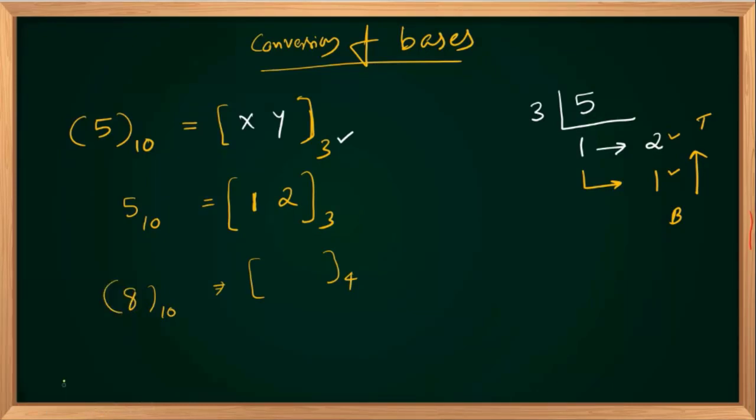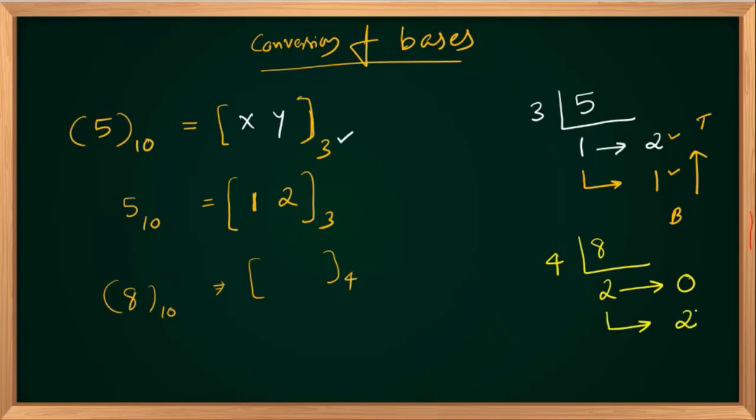What's your answer? So you should divide the number, that is 8, with the required base, that is 4, right? 2 4s are 8, no balance, 0. And you cannot divide 2 with 4, so I should write as such.